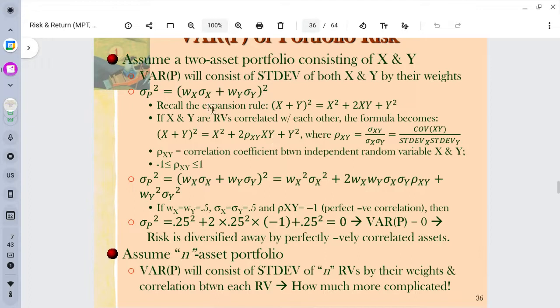So if you recall the expansion rule, (x plus y) squared is x squared plus 2xy plus y squared. Now we have weights, so we have to also do the same thing to the weights. And if X and Y are random variables correlated with each other, think about stock X and Y. Stock X and Y can be correlated, right?